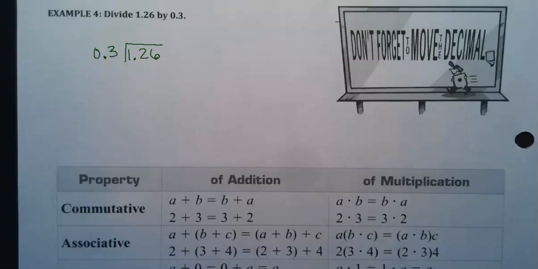When it says don't forget to move the decimal, it's talking about the decimal out here. We want to make this a whole number. So we move that decimal over until it makes a whole number. In this case, it's just 1 time. So we have to do the same thing in here.